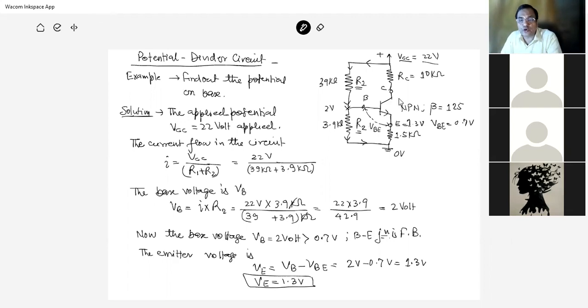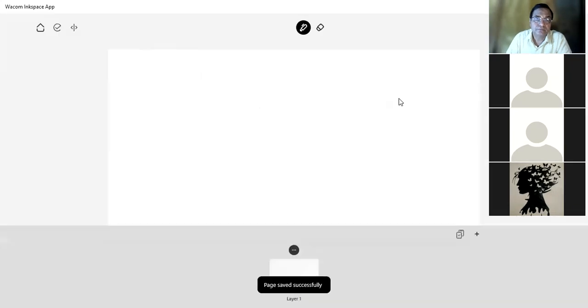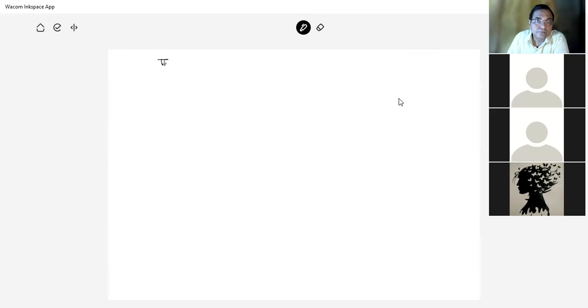Now we can also find the load line. What is the load line?